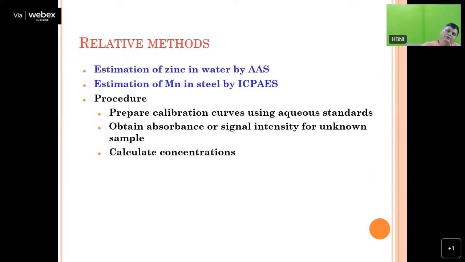You prepare a calibration curve using standard solutions of cadmium, zinc, or copper. Only then can you determine the unknown samples. Until you have a calibration curve, you can't determine the concentration of the unknown samples. So it depends on the calibration curve, and that calibration curve has to be prepared using standards, and those standards have to be prepared using standard solutions.